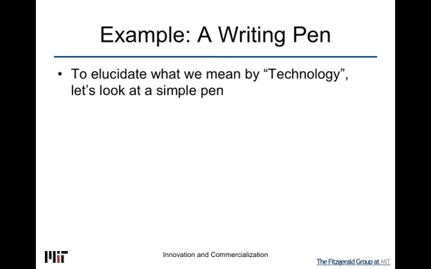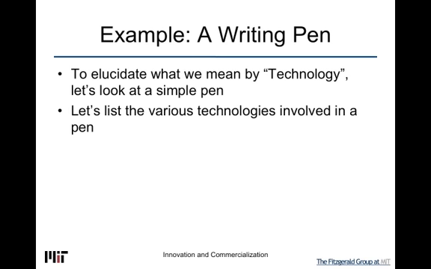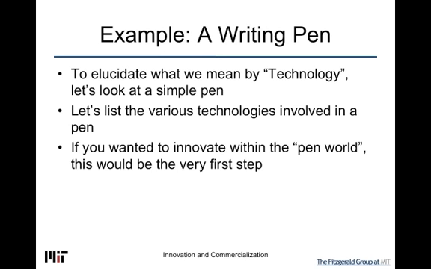So what we're going to do is list the various technologies, as we're defining it here, in the pen. And if you were going to innovate within the pen world, then this would be the very first step.